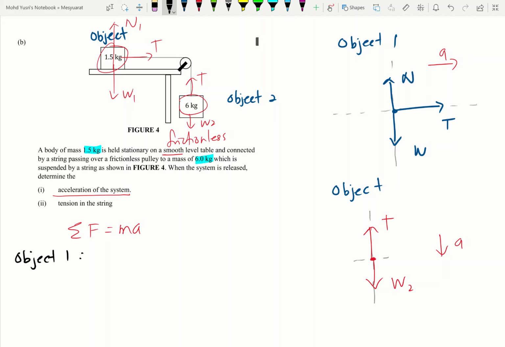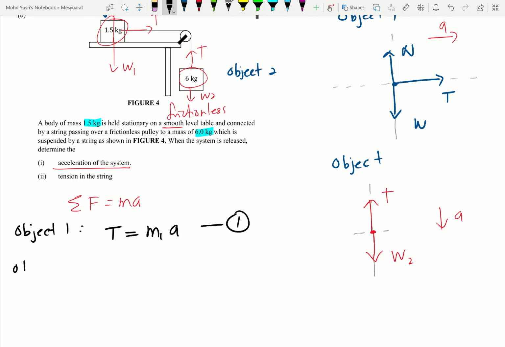From the free body diagram, the only force on the x component is tension, so sum of F, hasil tambah semua force pada x component, is T, which is equal to M1 times A. So that is the first equation. Of course T is unknown, kita tak tahu value T, dia pun tak bagi tahu.